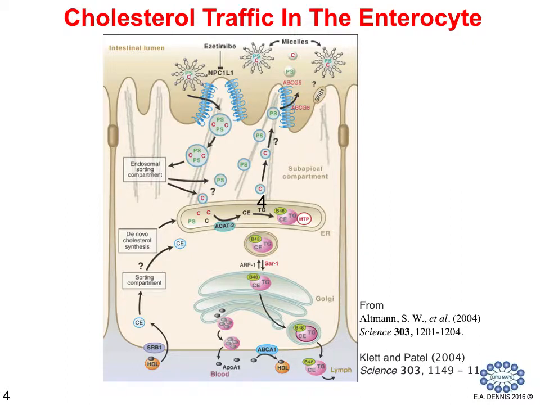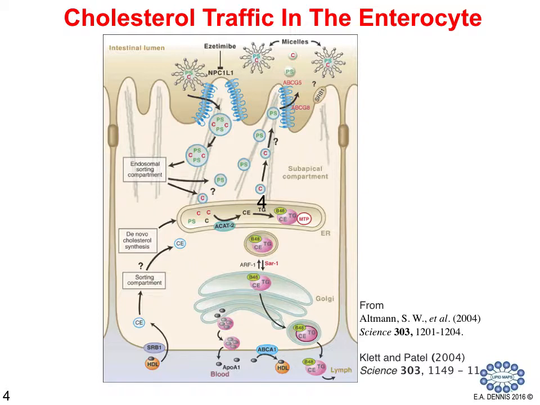The starting point for dietary cholesterol is its uptake from the intestinal lumen, where it is taken up by the enterocyte and by complex mechanisms is packaged with other lipids to make chylomicrons.